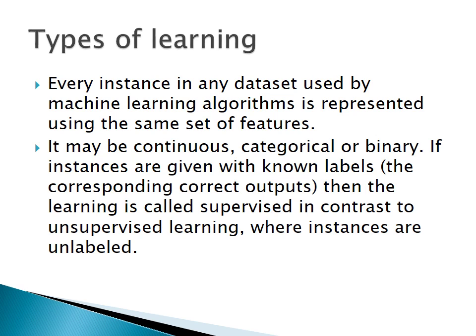Every instance in any dataset used by machine learning algorithms is represented using the same set of features. It may be continuous, categorical, or binary. If instances are given with known labels, the corresponding correct outputs, then the learning is called supervised, in contrast to unsupervised learning, where instances are unlabeled.